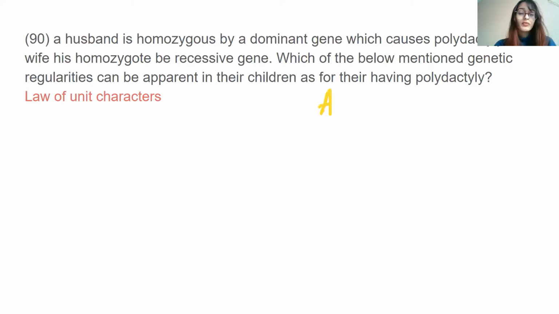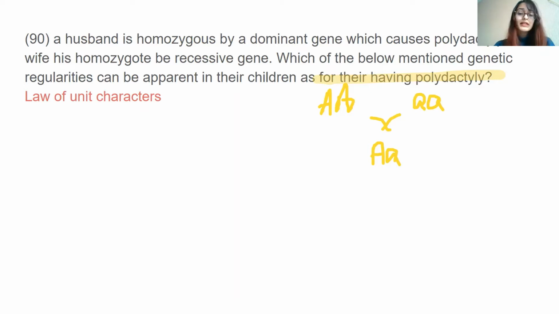If we take the dominant gene as capital A and he is homozygous, and his wife is homozygous recessive, and if we do a cross, it turns out to be capital A and small a. Which of the below mentioned genetic regularities can be apparent in their children as having polydactyly? So they are asking what is this property by which all of their children are having polydactyly.